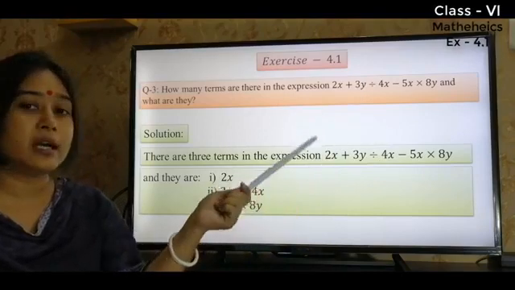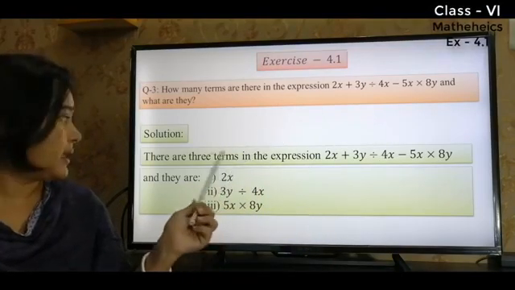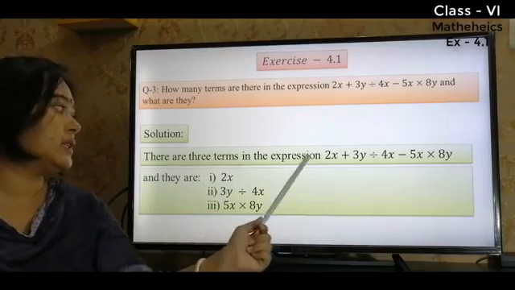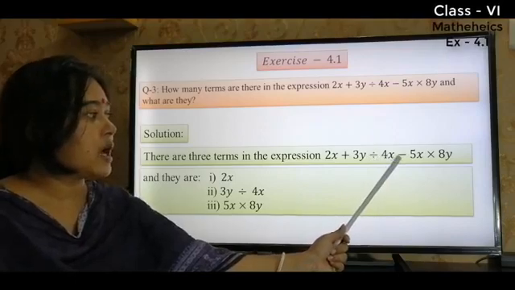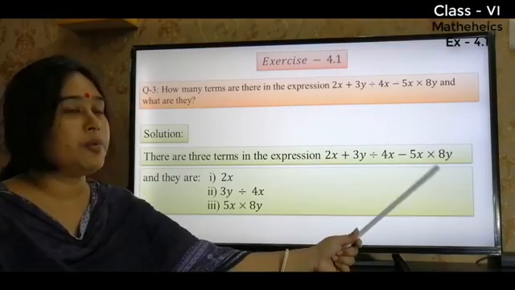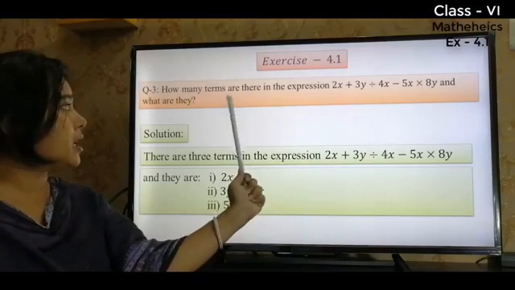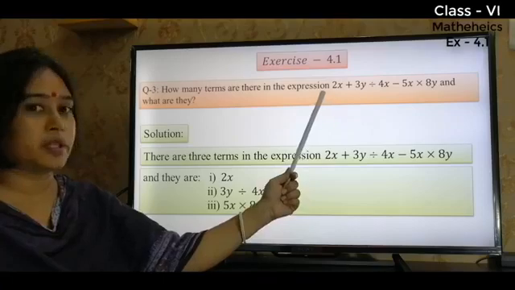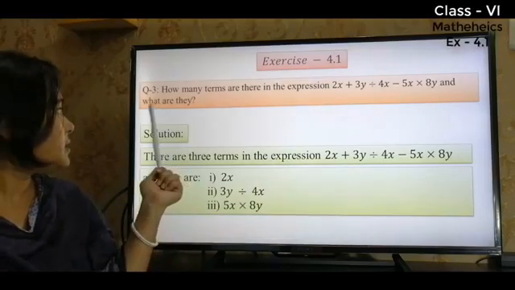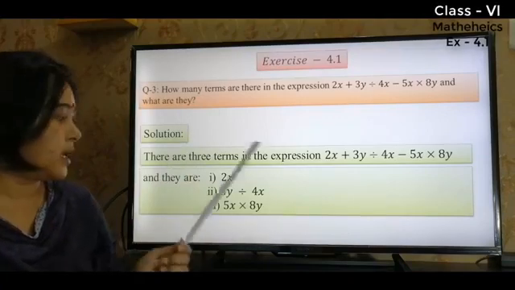You will write the answer in your copy in this way: there are 3 terms in the expression 2x plus 3y divided by 4x minus 5x into 8y. This is the answer to how many terms are there in this expression. This is the answer of this part of the question. And the other part is what are they? We have to tell what the terms are over here.